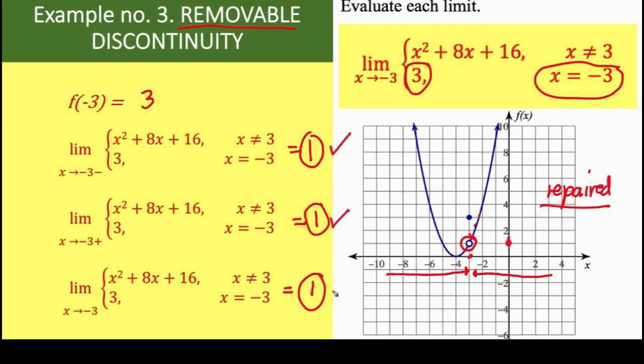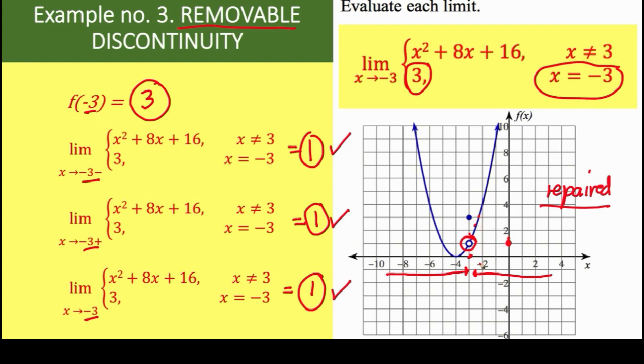the limit exists and is also equal to 1, even though f of negative 3 is not the same as these limits. Because in the limit, we are interested in the values as x approaches that specific x value. But we are not after the exact value of the function at f of negative 3 in this case.